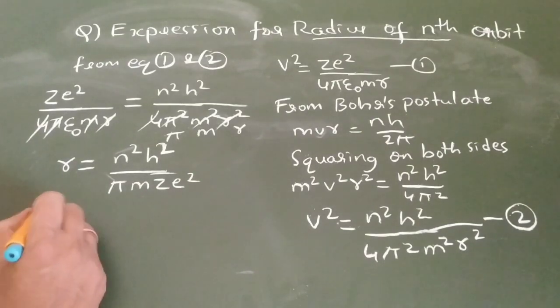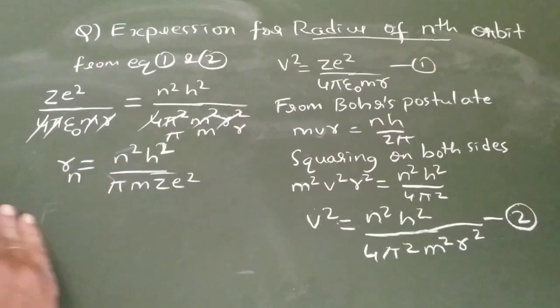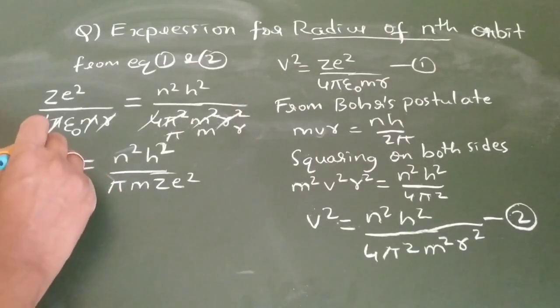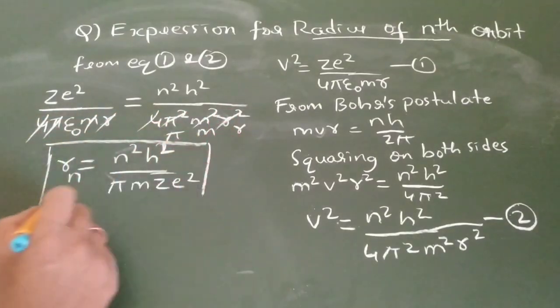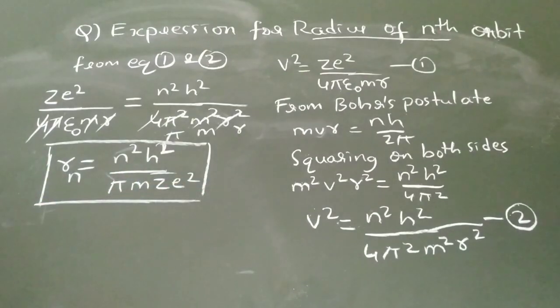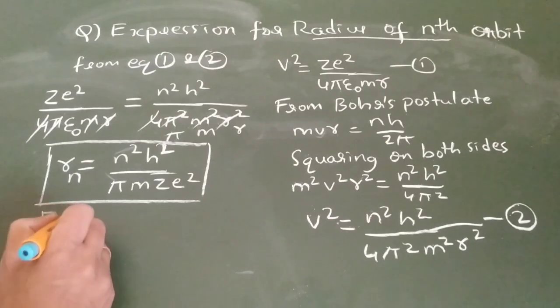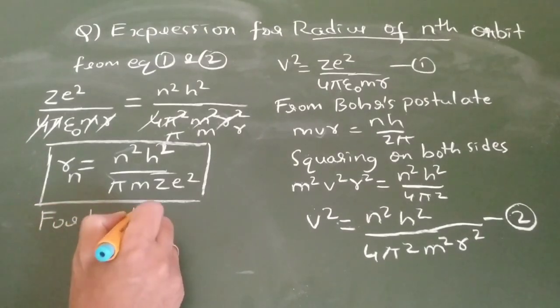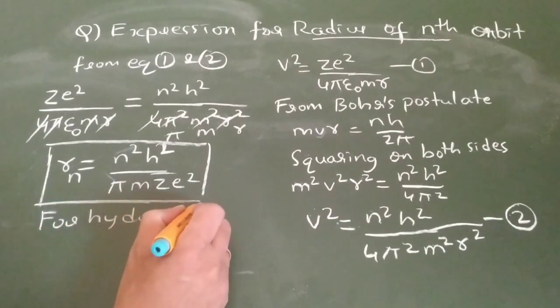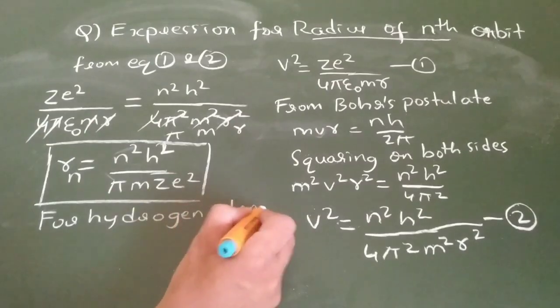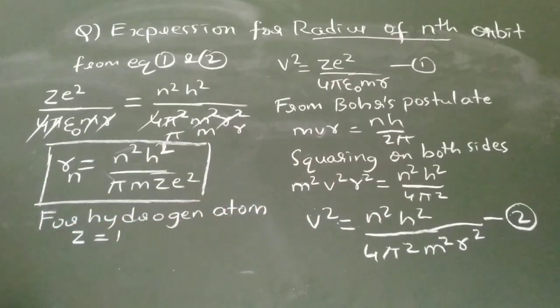Then for hydrogen atom, this is for nth orbit. Okay, this is for nth orbit. Last, for hydrogen atom, you know z value is equal to 1.